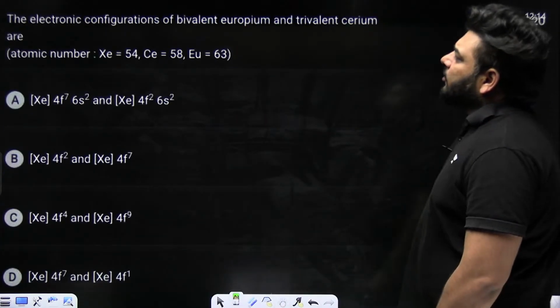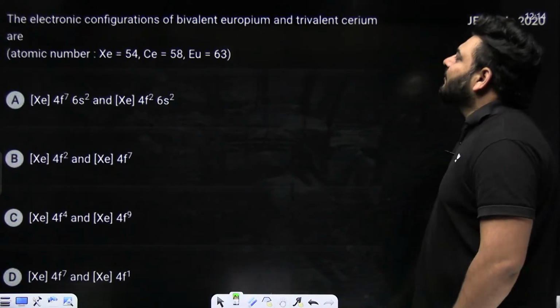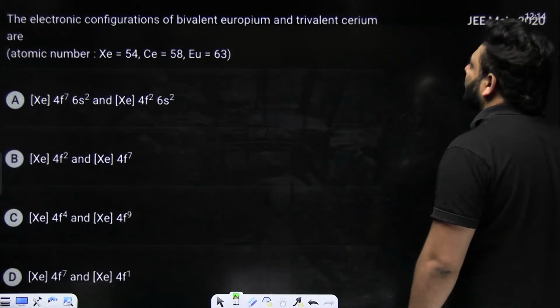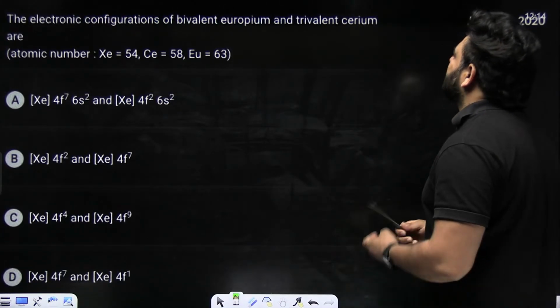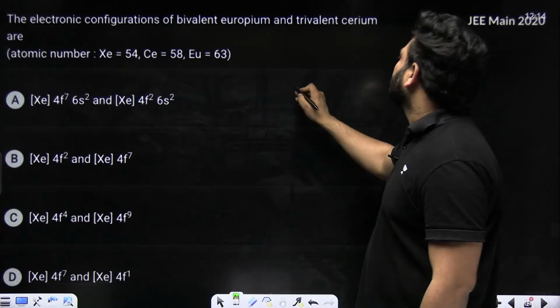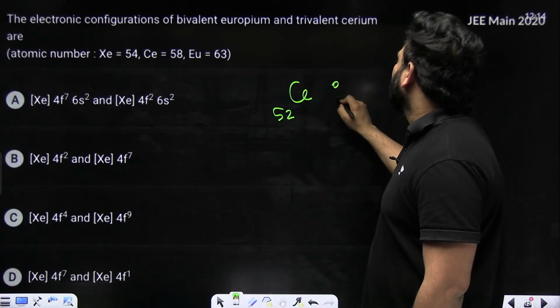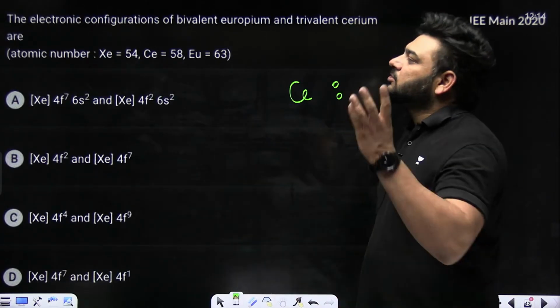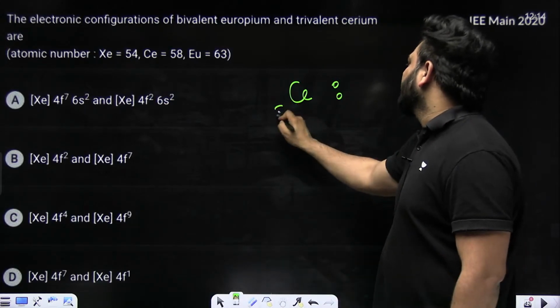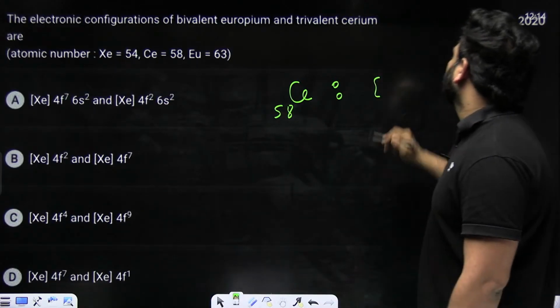The electronic configuration of bivalent europium and trivalent cerium are what? Oh, this is some question, guys. So cerium has atomic number 52. No, not 52. Lanthanum has 57, so this is 58.